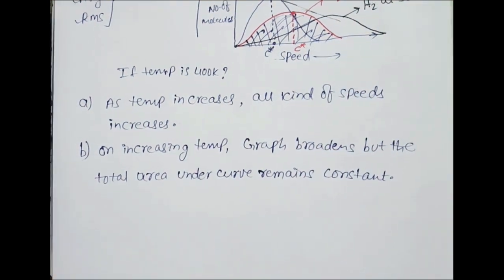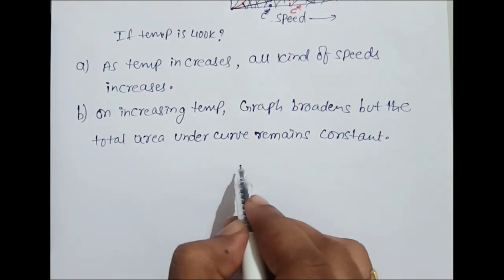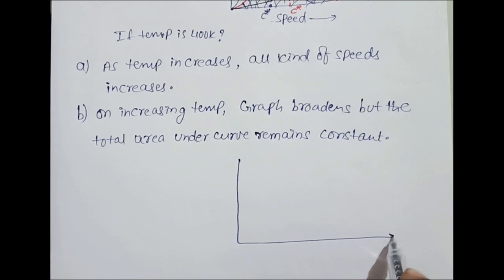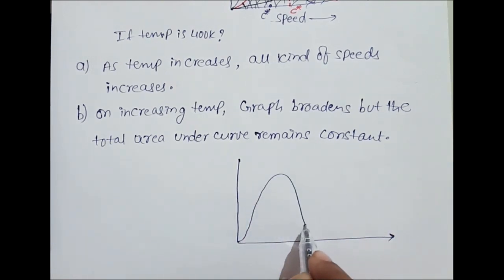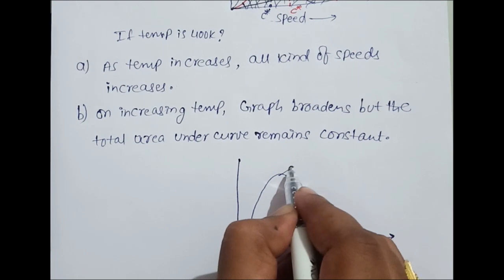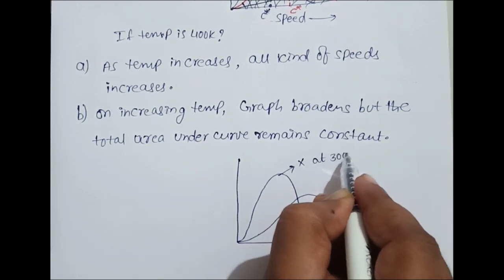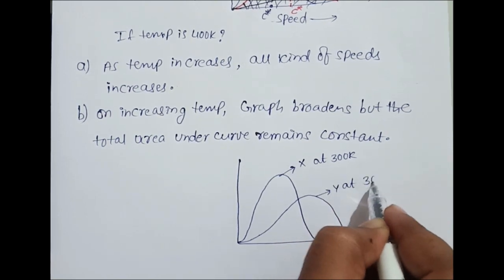Now you may ask me, sir, you have taken hydrogen gas. What about different gases? So let me give you the graph. I am giving you 2 graphs at constant temperature. This is graph number 1, and this is graph number 2. This is X gas at 300 Kelvin, and this is Y at 300 Kelvin.